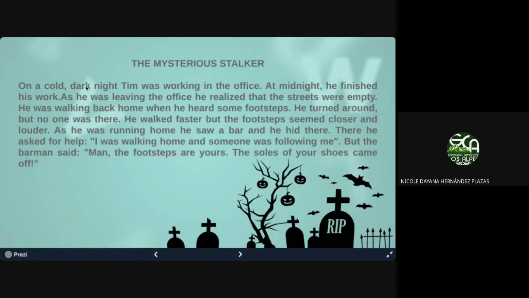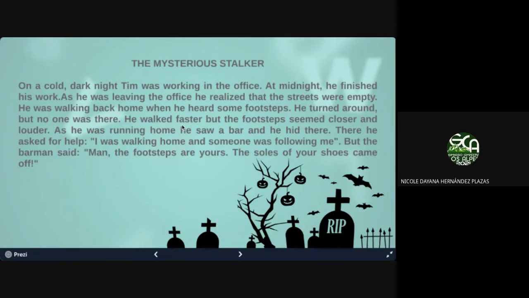On a cold, dark night, Tim was working in the office. At midnight, he finished his work. As he was leaving the office, he realized that the streets were empty. He was walking back home when he heard some footsteps. He turned around, but no one was there.